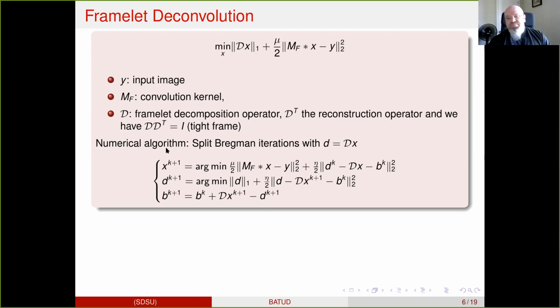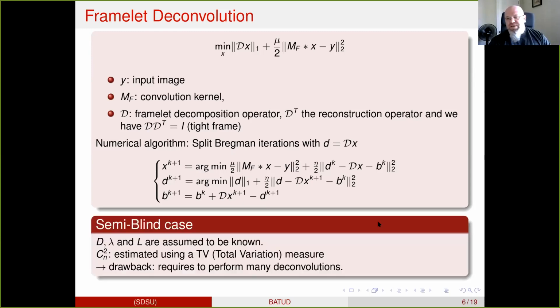Now, of course, there are those 4 parameters. And at that time, the assumption we took was that D, the diameter of your imaging system, and lambda, the wavelength at which your imaging system is working, those 2, if you know the imaging system, it's pretty easy to know.